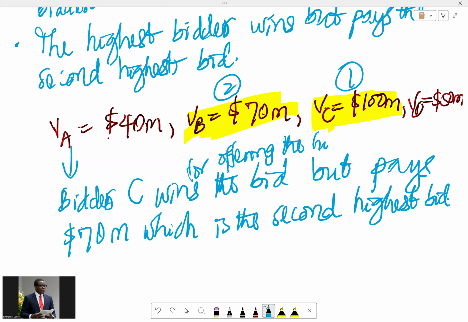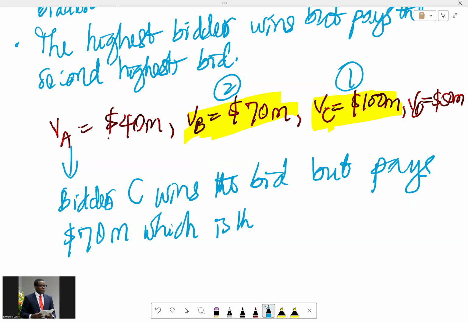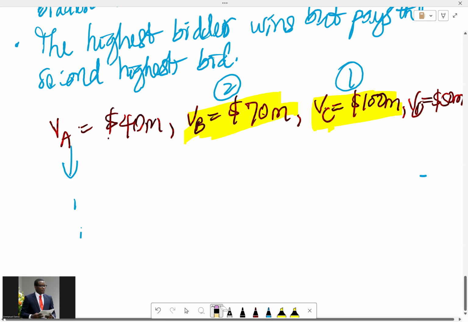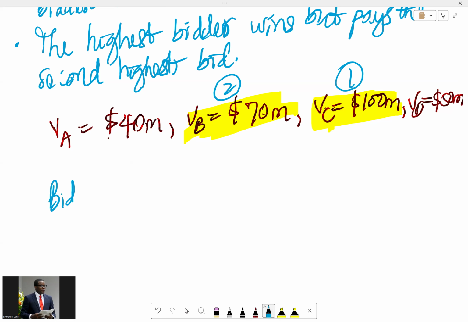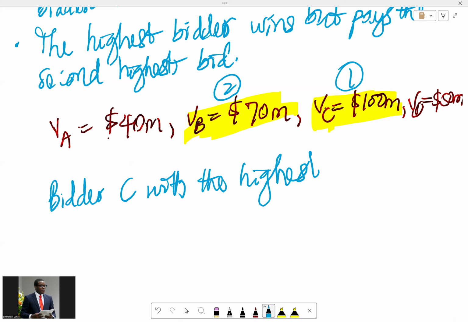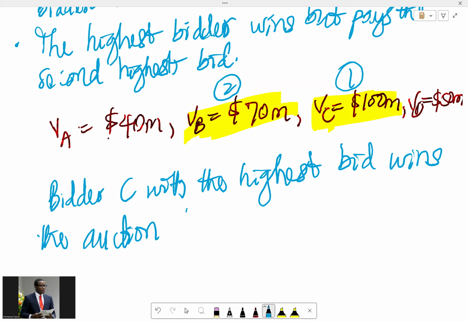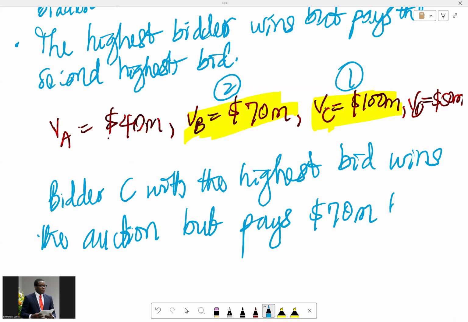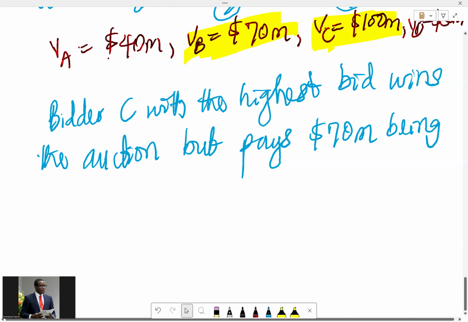Okay. I guess let me clean all of that so I can really make it clear. So four bids, and of the four bids, the highest is from bidder C. So we can say that bidder C, with the highest bid, wins the auction, but pays $70 million, being the second highest bid.